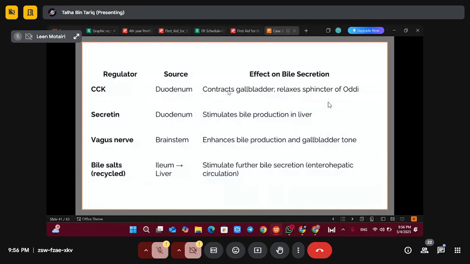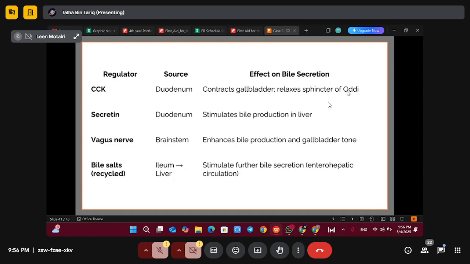By that, it is contracting, and it relaxes the sphincter of Oddi, which is the sphincter of the gallbladder, the one which empties into the small intestine, right?